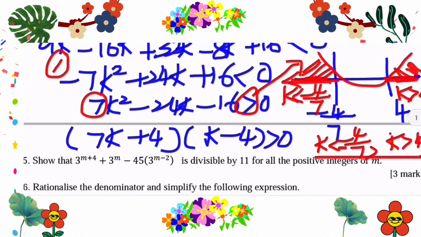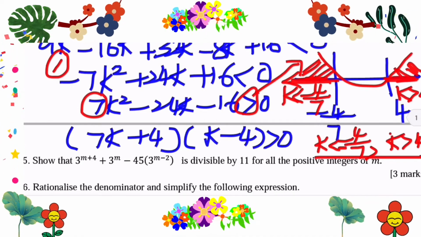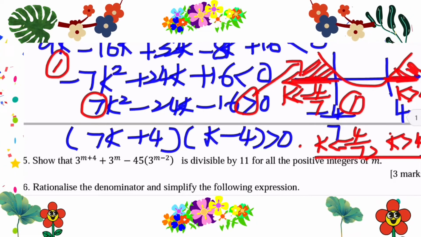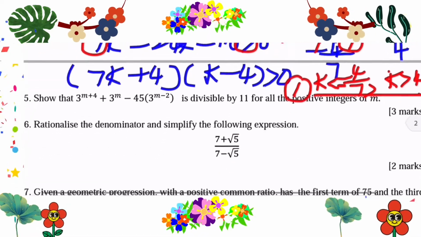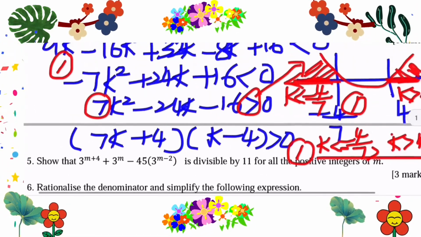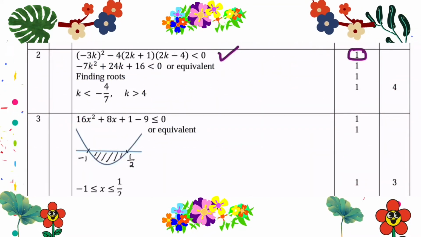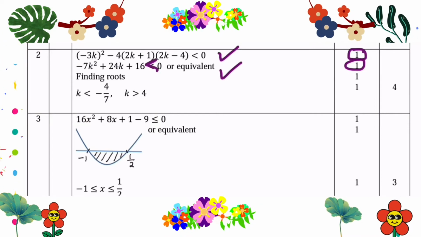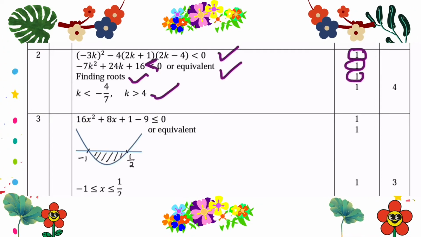And for the general form of the quadratic function with the sign, everything perfect, you will be awarded 1 mark. And normally for the shading, we will give 1 mark. So if you shade properly, correctly, then you read the ranges of values of k, not x, then you will be awarded the marks, alright, like this.